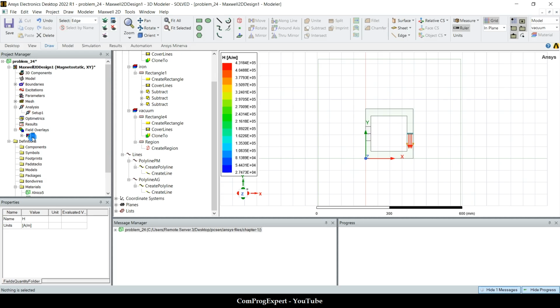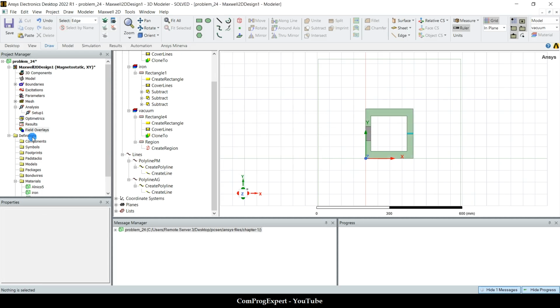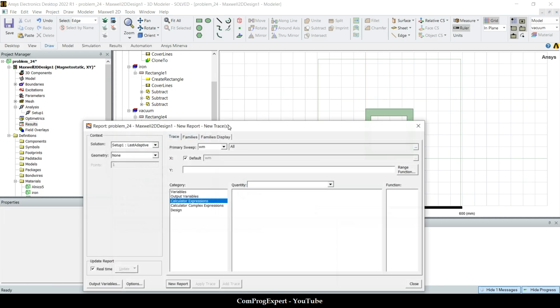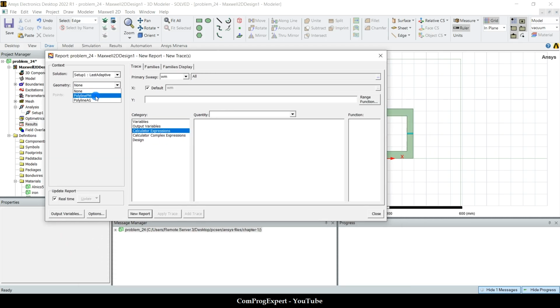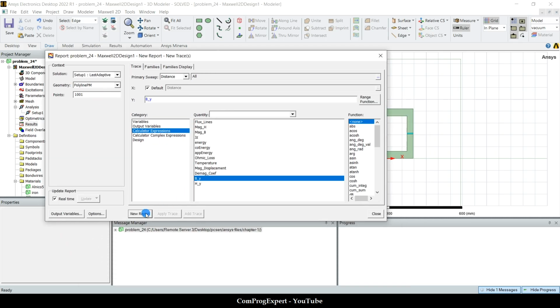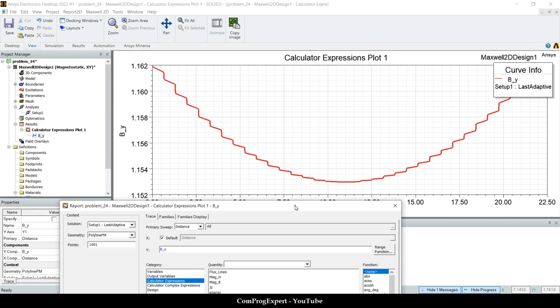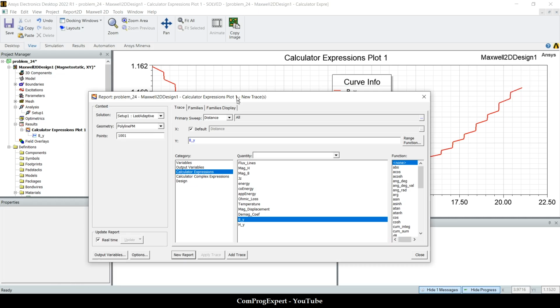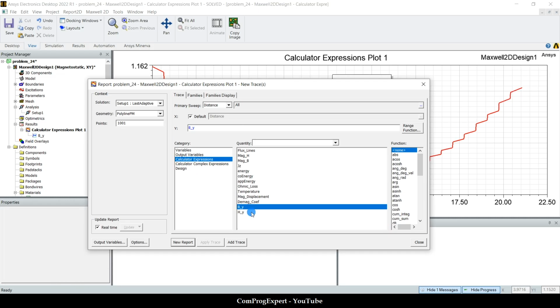Anyway, now let's generate this plot. Field report polyline PM By. Okay, this is the y component of flux density along the polyline Bm and polyline air gap.